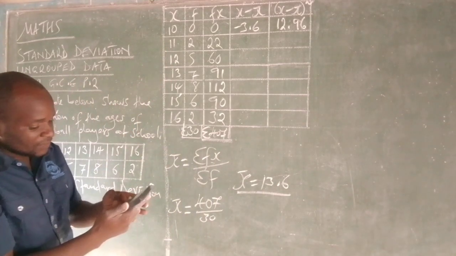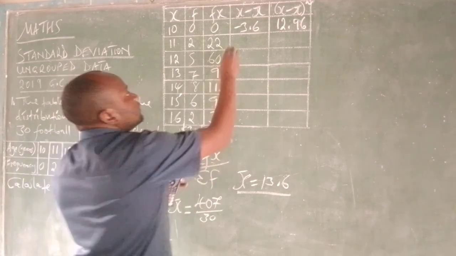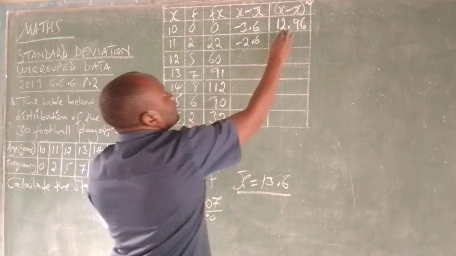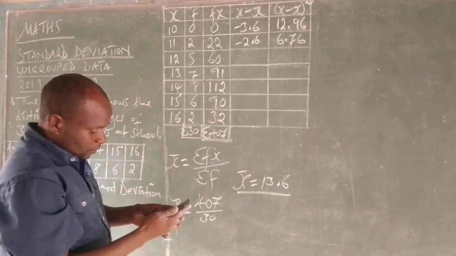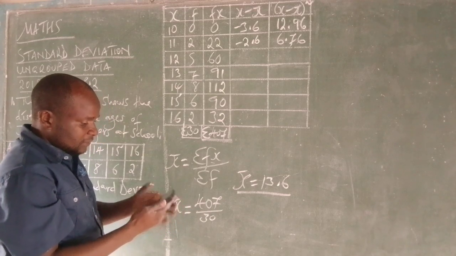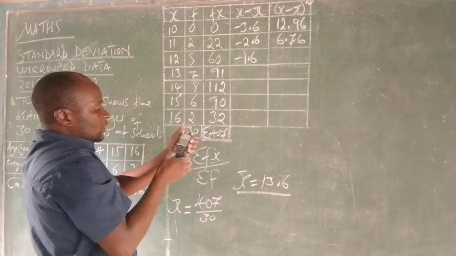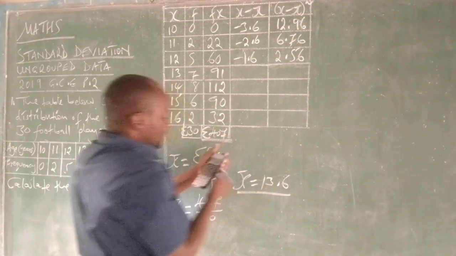Now we go to the next figure, which is 11 minus 13.6. We have negative 2.6. You square it, we have 6.76. Next, we have 12 minus 13.6. We have negative 1.6. We square that, it will give us 2.56.